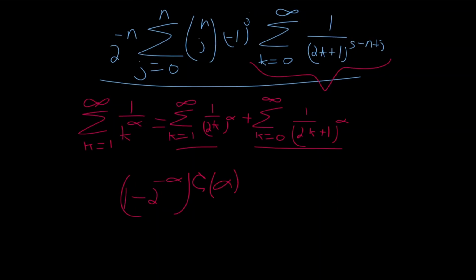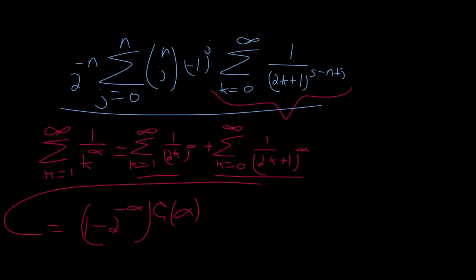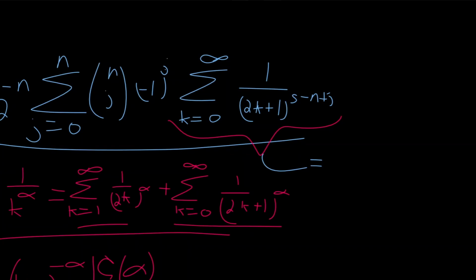So that right there is what the sum is equal to. So using this quick little formula, we can actually just evaluate this sum right here. So this right here is equal to 1 minus 2 to the n minus j minus s, and then just times zeta of s minus n plus j.